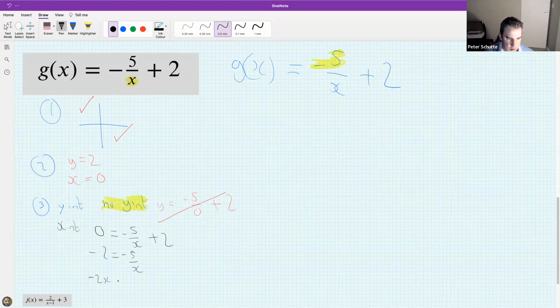I get, okay, so I get as my x-intercept 5/2, or you could also write it as 2.5 if you want to put it into decimal. So now I want you to draw the graph for me.